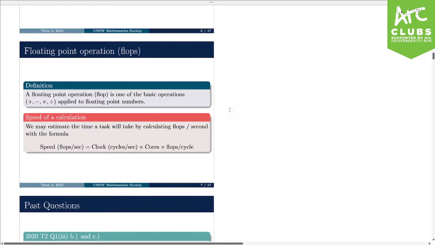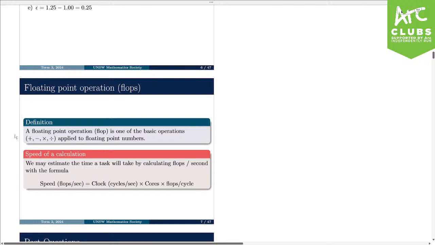Okay, so the next slide is about flops. A flop, or floating point operation, is one of the basic operations applied to floating point numbers. It's useful to talk about flops because we can use flops to estimate the time a calculation or a task will take.